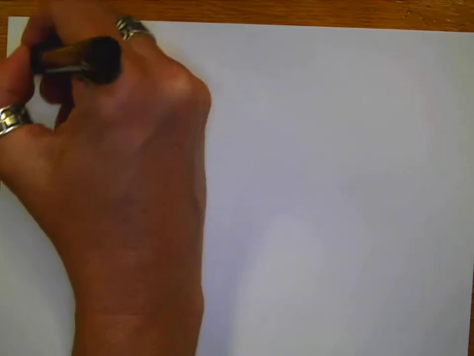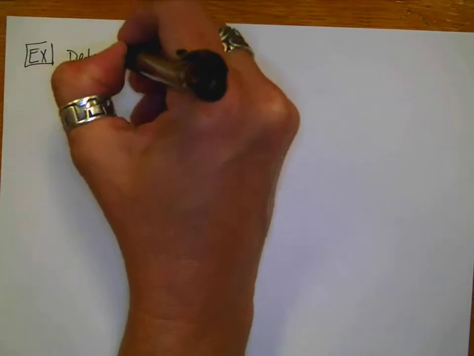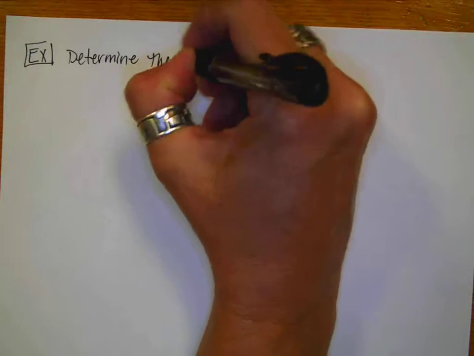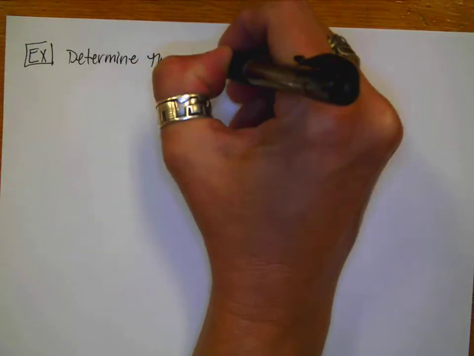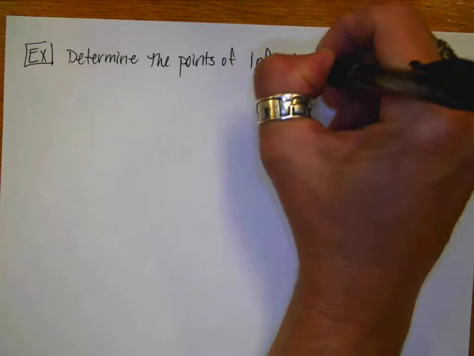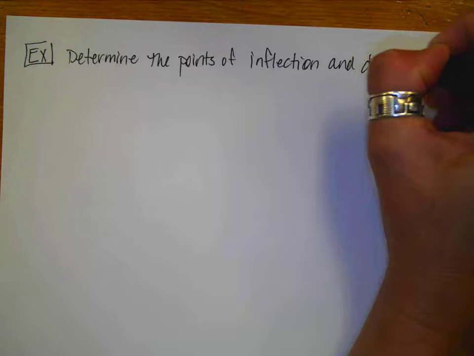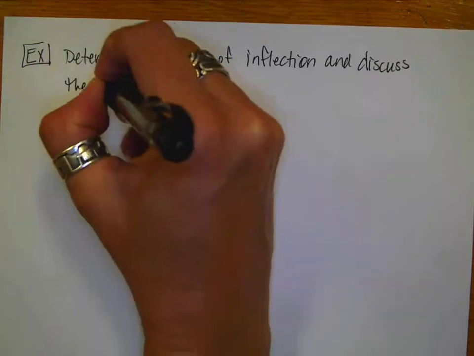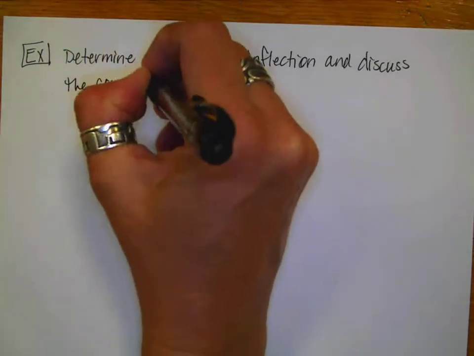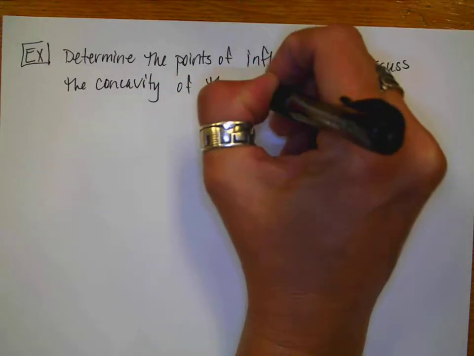All right, so let's do an example where we look at finding intervals of concavity. The example is going to say determine the points of inflection and then discuss the concavity of the graph.